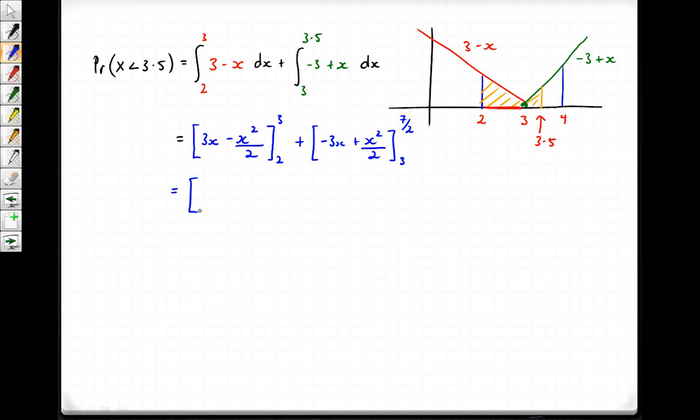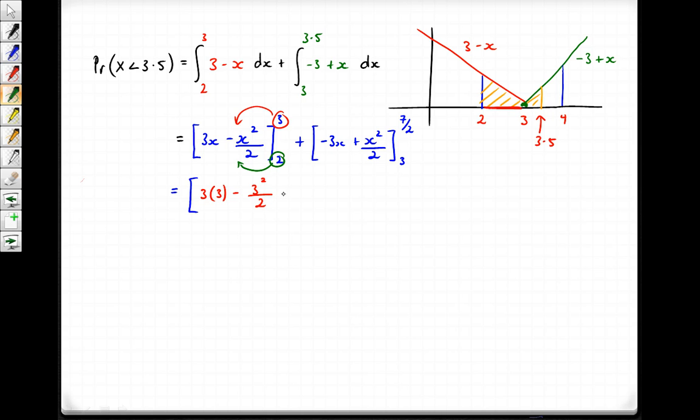So we know from our fundamental theorem of calculus that if we're integrating for the area, we just take this value, sub it in to here, and then we just subtract away this value when it's subbed into here. So the red part's going to give 3 by 3, subtract 3 squared on 2.